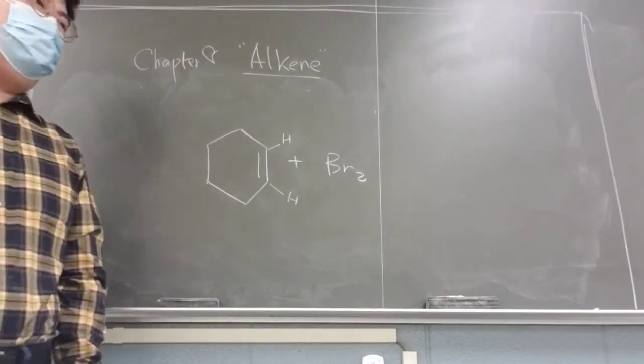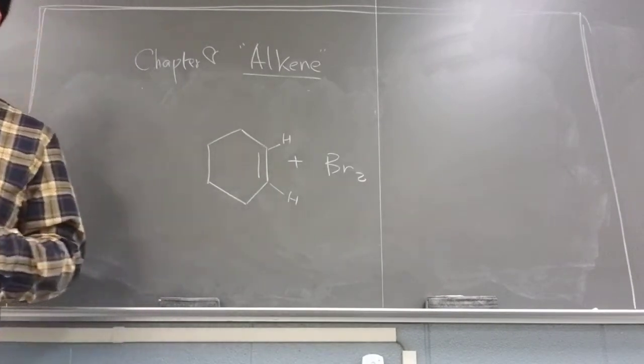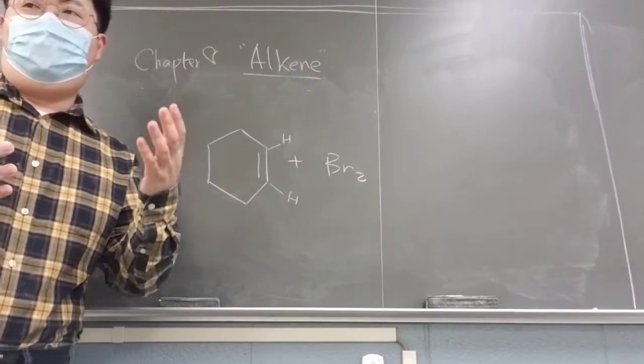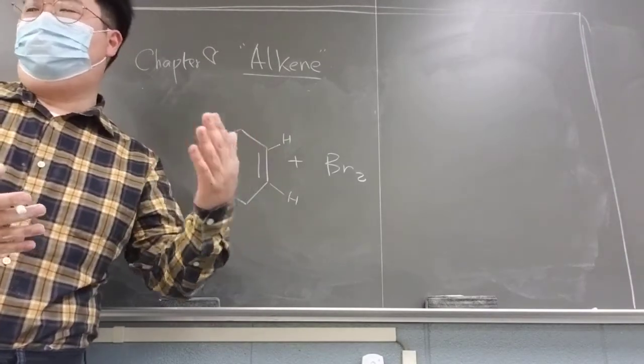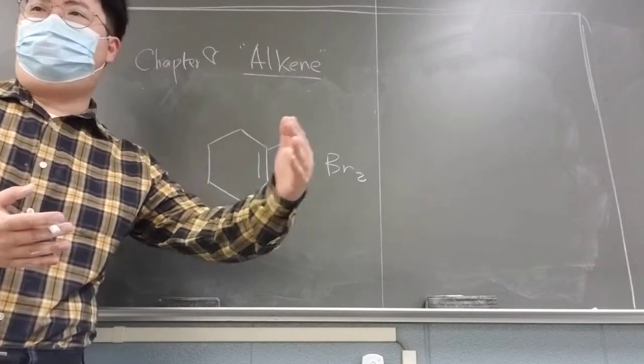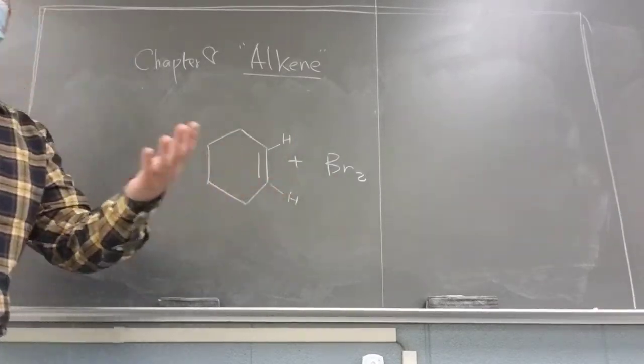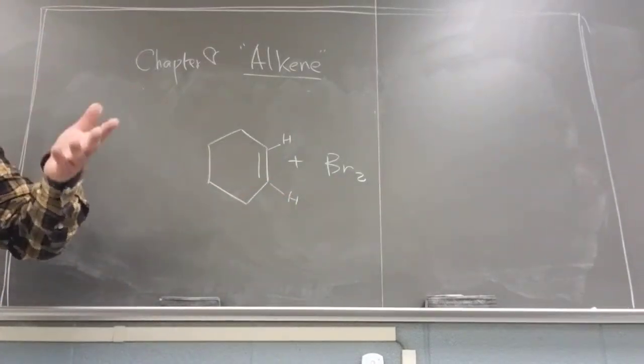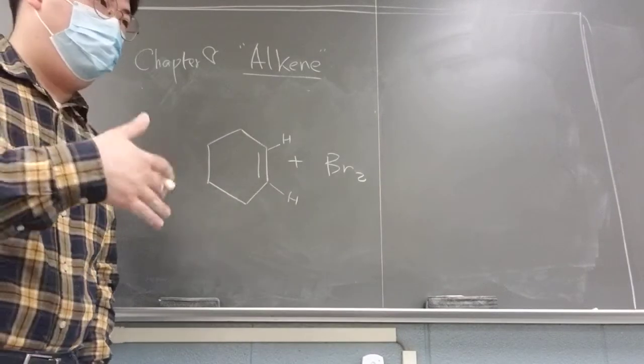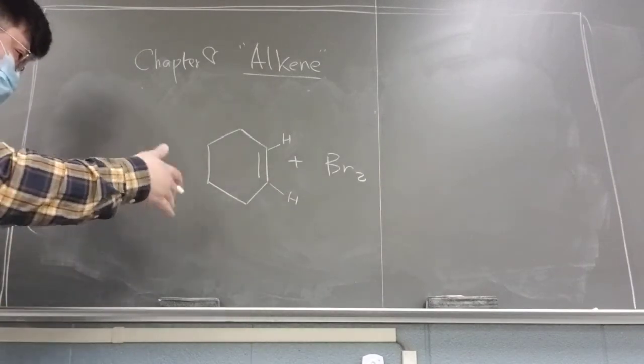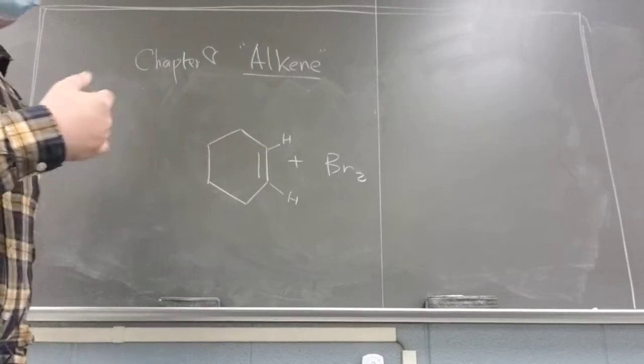So once again, you don't have to know the mechanism. You only need to know it should show the anti-stereochemistry product. Then you can actually estimate what product may be coming from this halogenation.